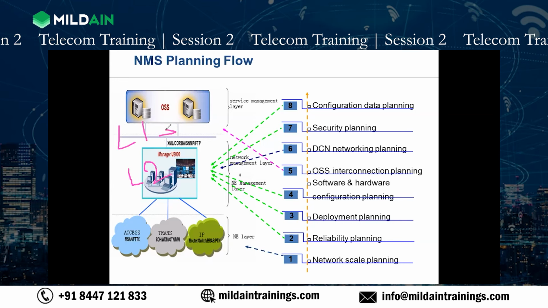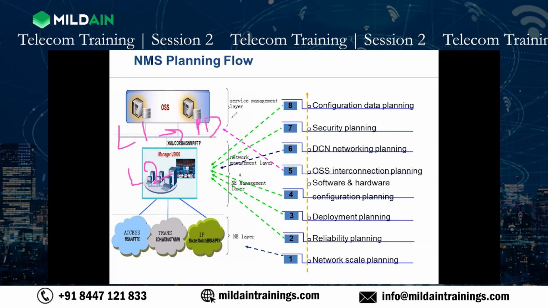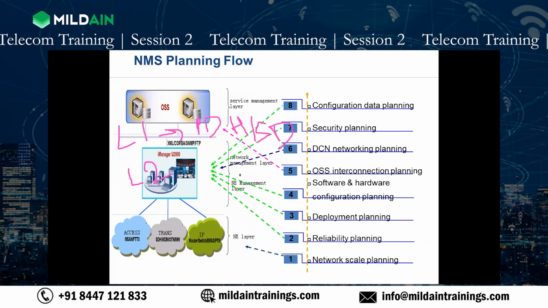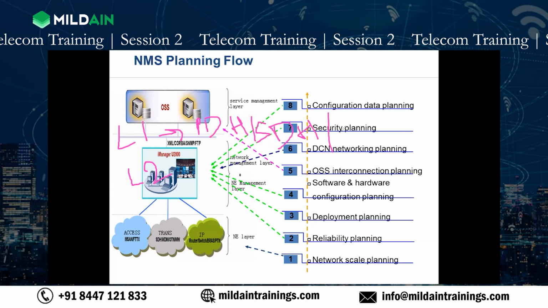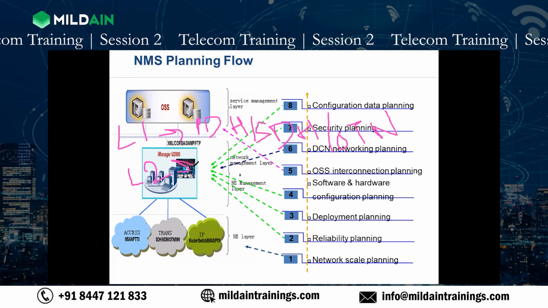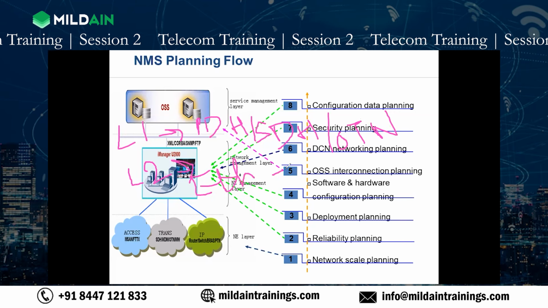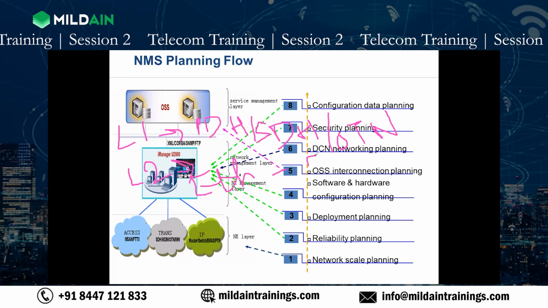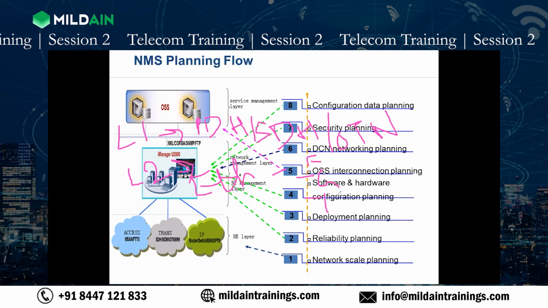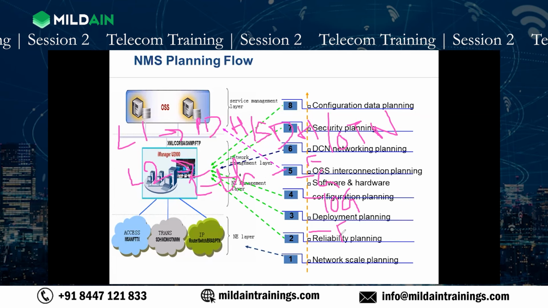Now summarizing layer 1: we already discussed PDH, SDH, and OTN, and here also Ethernet. Within Ethernet the types are FE, GE, 10 GE, and FlexE. You need to remember this.